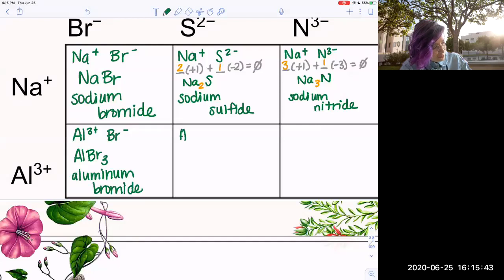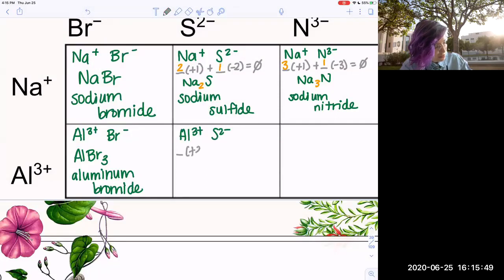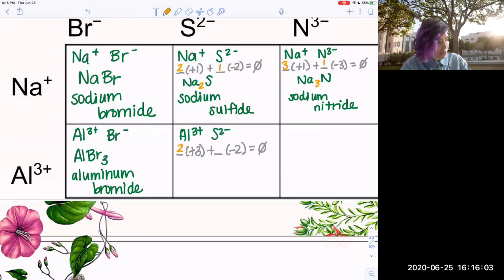I have aluminum and I have sulfide. Now this one I will do the math out because it's a little bit harder to see. So I'm trying to get 3 and 2 to cancel each other out. They must equal 6 because that's the least common multiple. So how do I get 6 from 3? I've got to multiply it by 2. And how do I get 6 from 2?